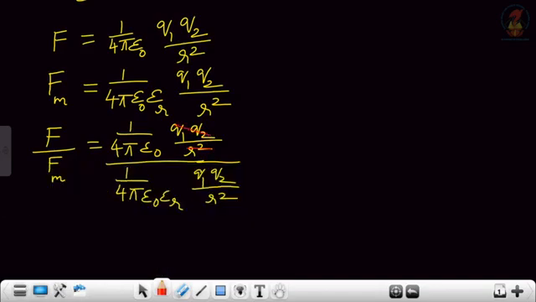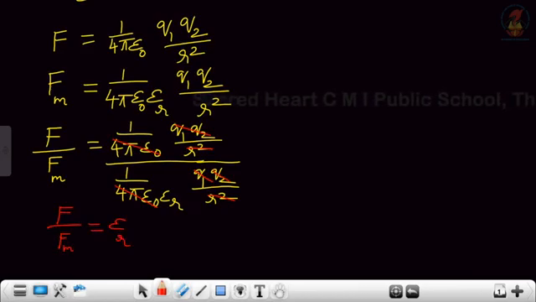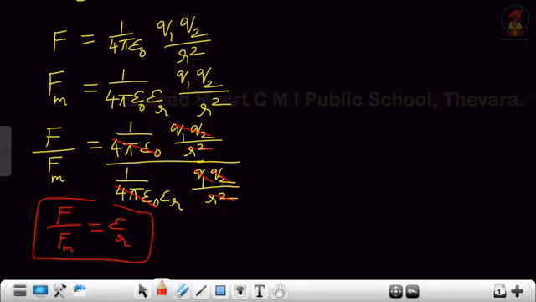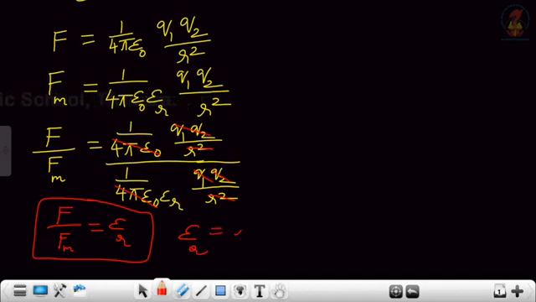So this gets cancelled, and 1 by 4 pi epsilon 0 also gets cancelled. The remaining equation is F by Fm is equal to epsilon r. This epsilon r is called the relative permittivity of the medium.